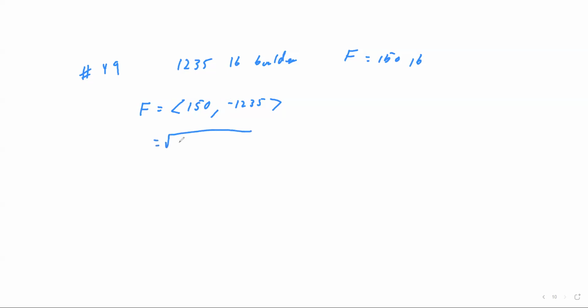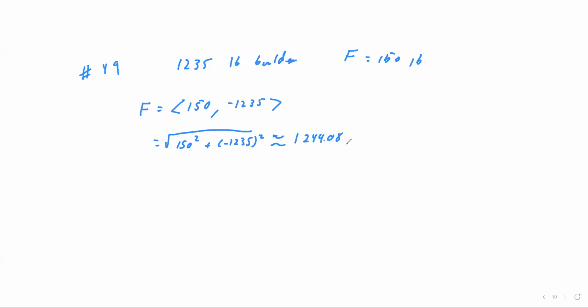So that would just be the square root of 150 squared plus negative 1,235 squared. And I'm just going to plug this straight into the calculator. So I'll do control x squared, and I'll do 150 squared plus negative 1235 in parentheses squared, and I get approximately 1,244.08.